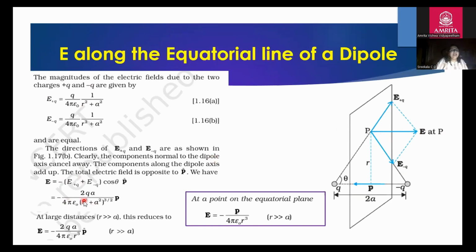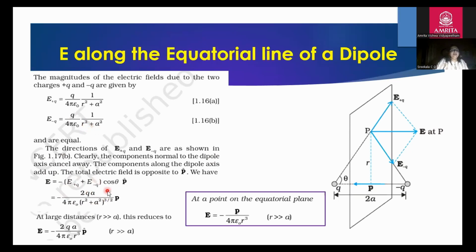The total vector E plus Q and E minus Q, both will be 1 by 4 pi epsilon 0 into Q by R square plus A square, which you can take outside.